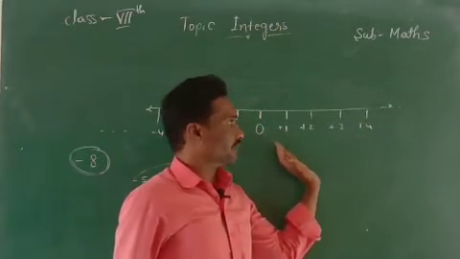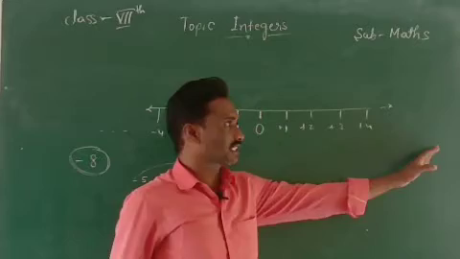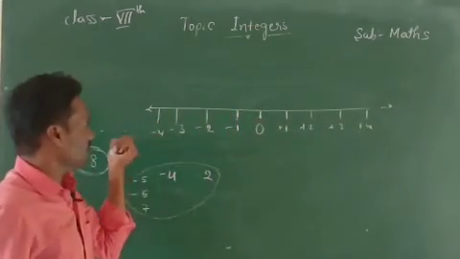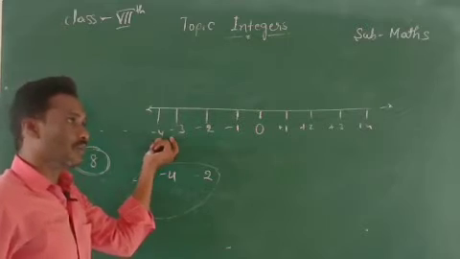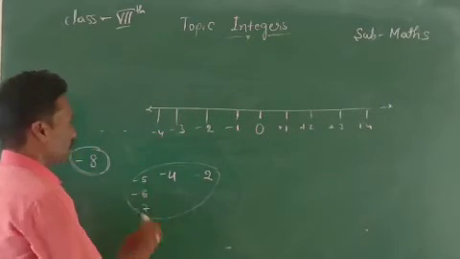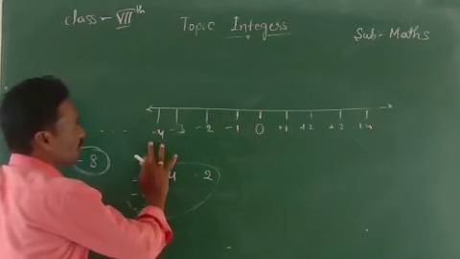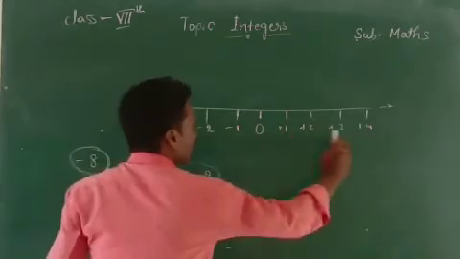On the number line, if the number moves to the right side, its value will increase. If you move to the left side, its value will become smaller. So minus 4 is smaller than all these numbers.